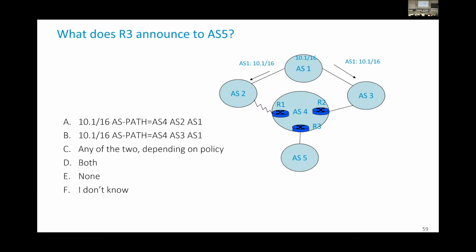If that happens, what are the possible cases when R3 announces this route 10.1 to AS5?